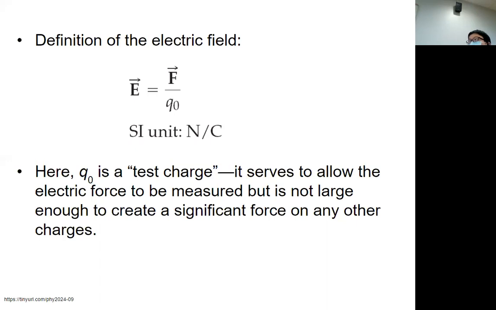In that scenario, the mass you are using is small compared to the mass of the Earth. Similarly, for an electric field, the test charge should be small enough compared to the charge that produces the electric field.